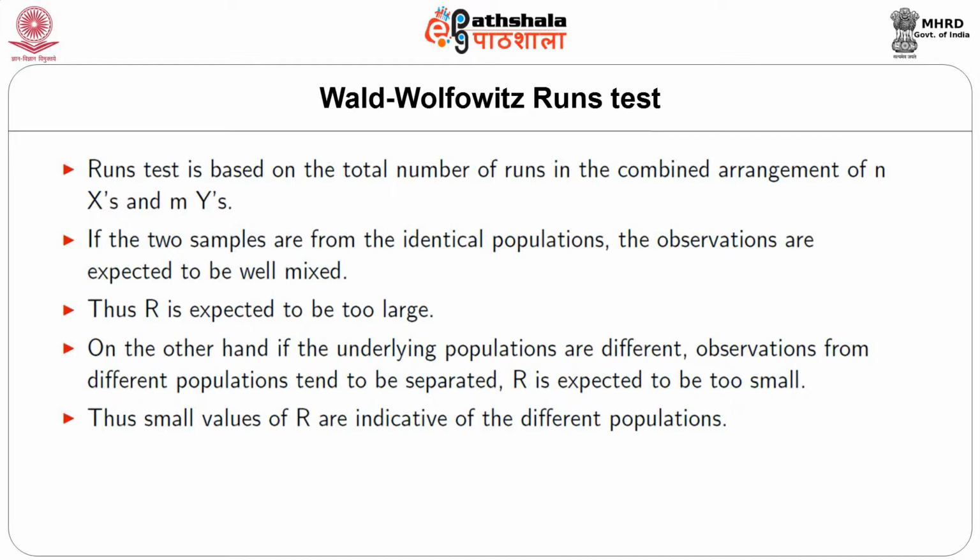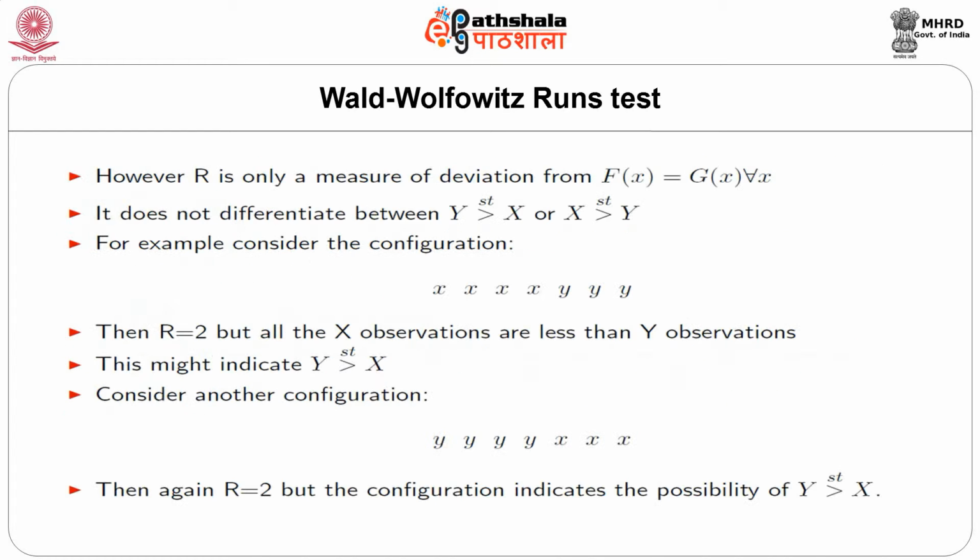Thus, small values of R are indicative of different populations. So, R is only a measure of deviation from F(x) equal to G(x) for all x. It does not differentiate between whether Y is stochastically larger than X or X is stochastically larger than Y.